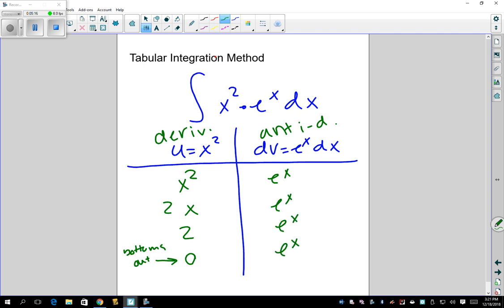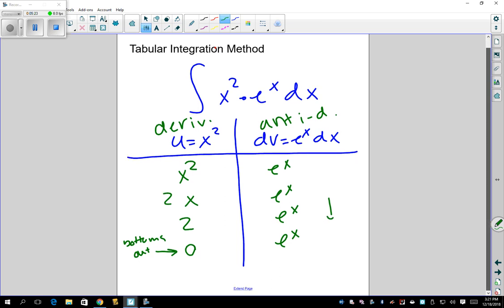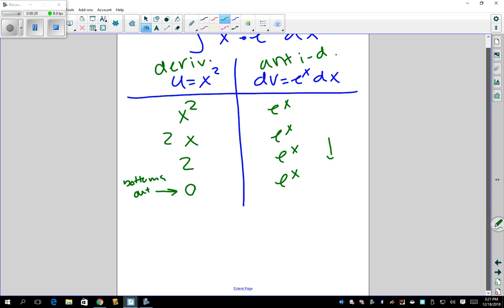If I notice, this side doesn't bottom out, but that's fine because all I really need to go to 0 is my u, which is why I'm taking the derivative of it. So when I use the tabular method, I just draw lines diagonally across until I get to my 0. Once I get to my 0, I can stop.